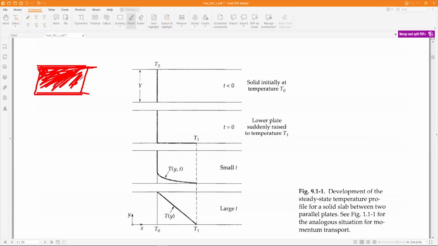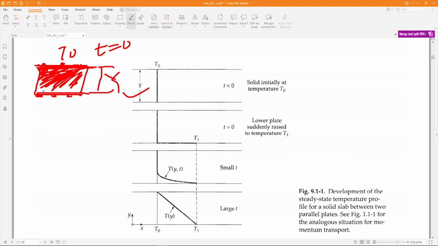These two plates are separated by a distance y, as given here. Suppose this plate is at temperature T naught at time equal to 0 initially. This surface will be at T naught everywhere. And here we have the other surface.